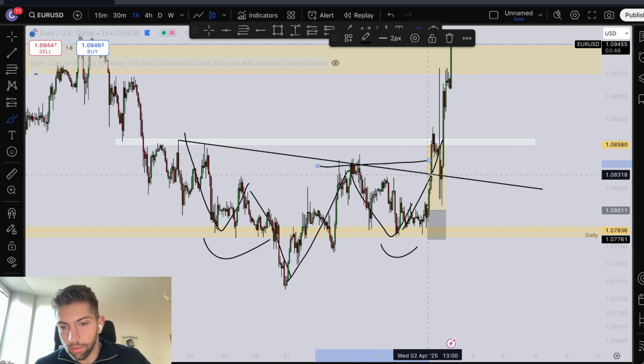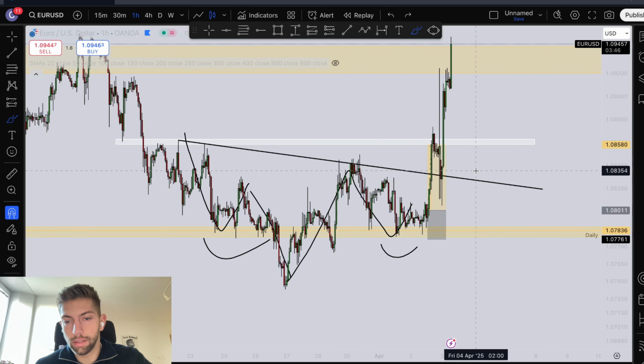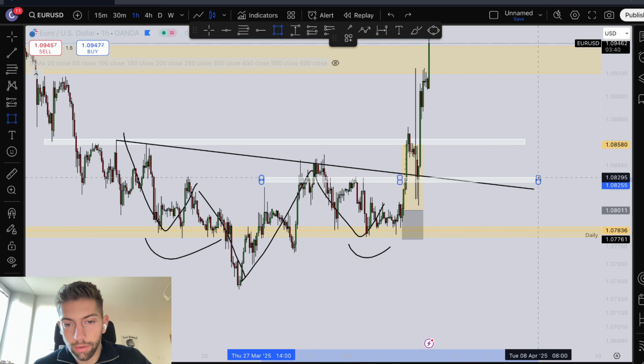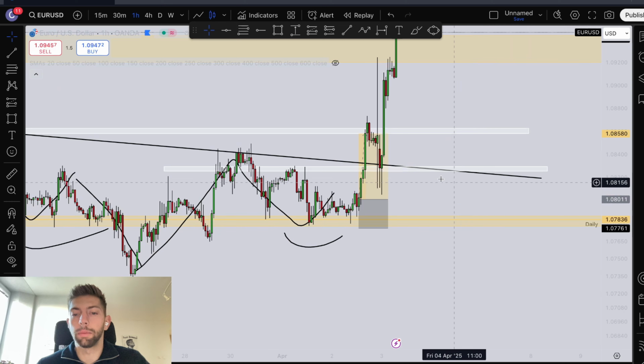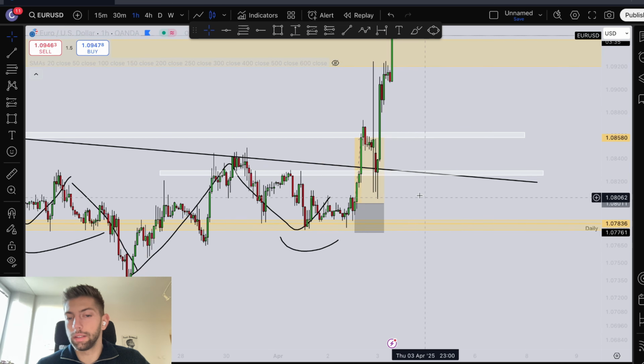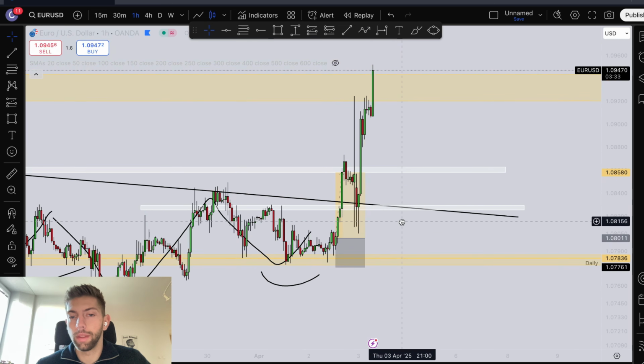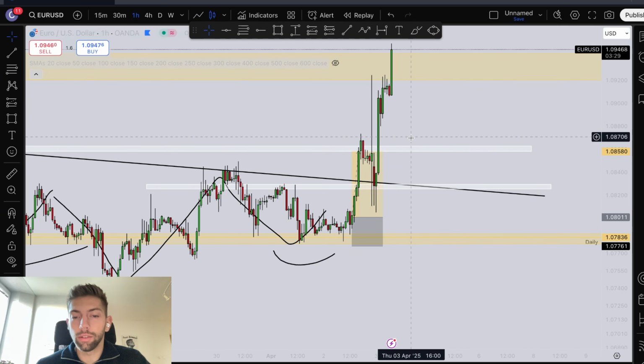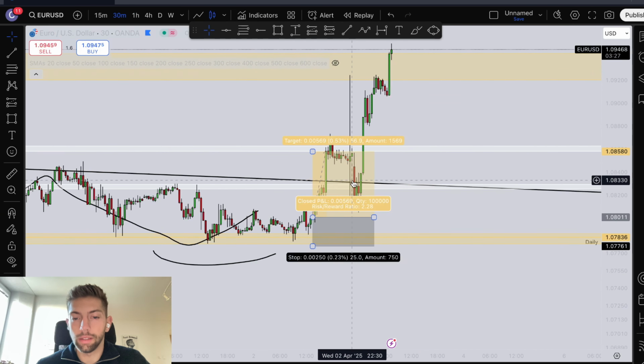This trend line respects the neckline of this structure, the head and shoulders, and this was some intraday key level. As you can see, price tapped this level beautifully, and my target was this yellow line, but I could not catch this setup because, as I said, I was sleeping.